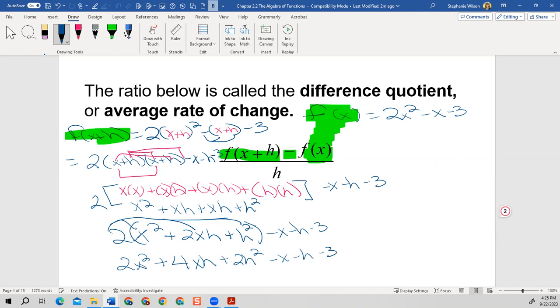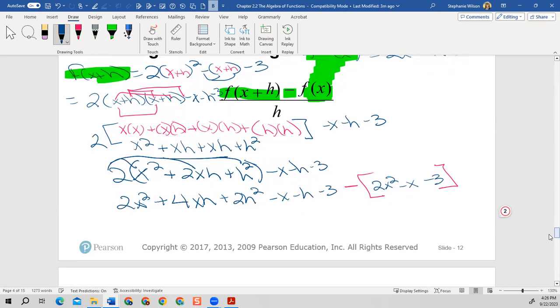All right. Now I want to bring down this next part where it says minus the f of x function. The f of x function is 2x squared minus x minus 3. And it's all divided by h. So if you want to go ahead and put that underneath it, I would. All right.